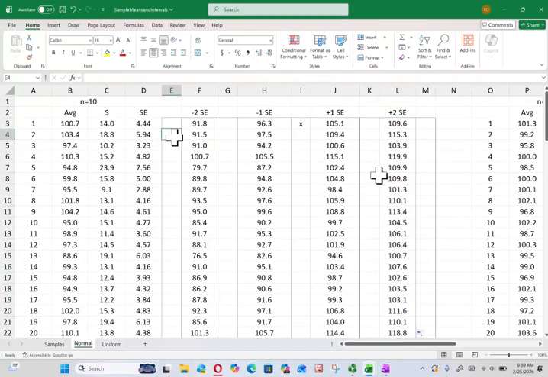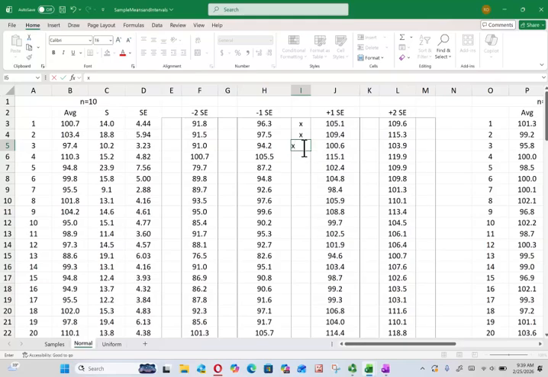Then look at the second one. The second sample, what interval contains the true average of 100? It's 1 up, 1 down. I'm going to put an X in there. The third one, the same thing.